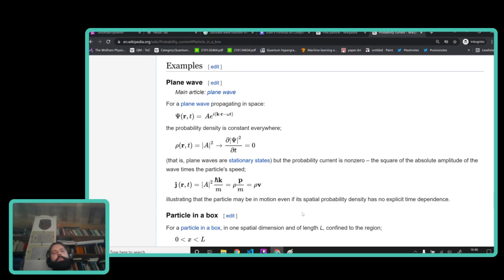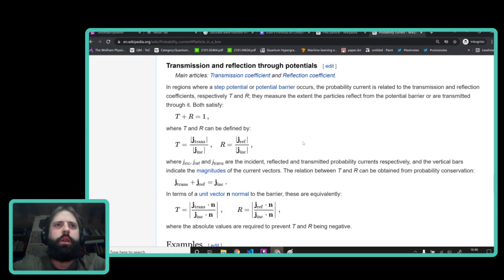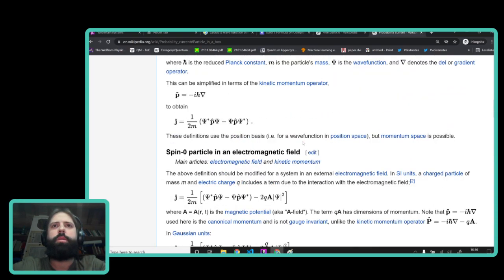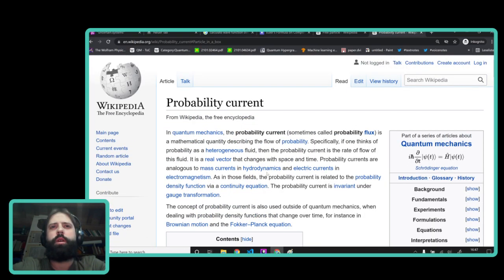Oof. So this is something that relates the probability with the actual wave function in a way. Maybe this is something like the rate of change of the probability density with respect to the actual wave function or something like that. I don't even know what flow is.